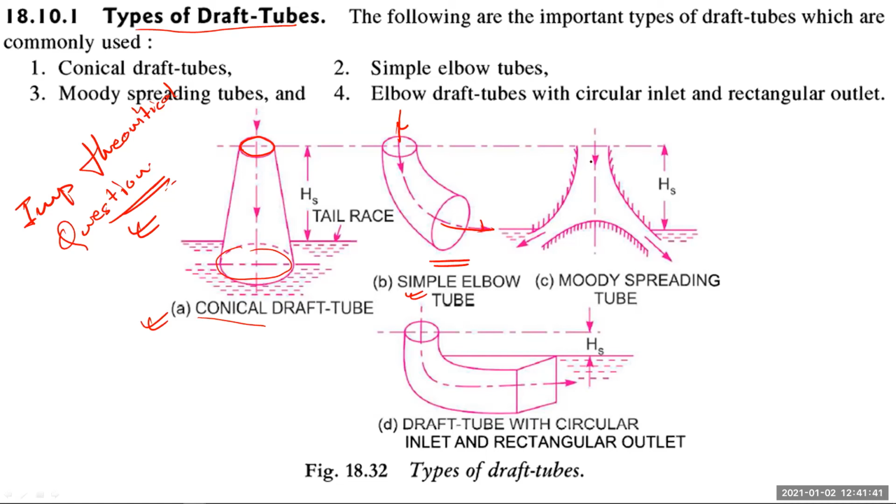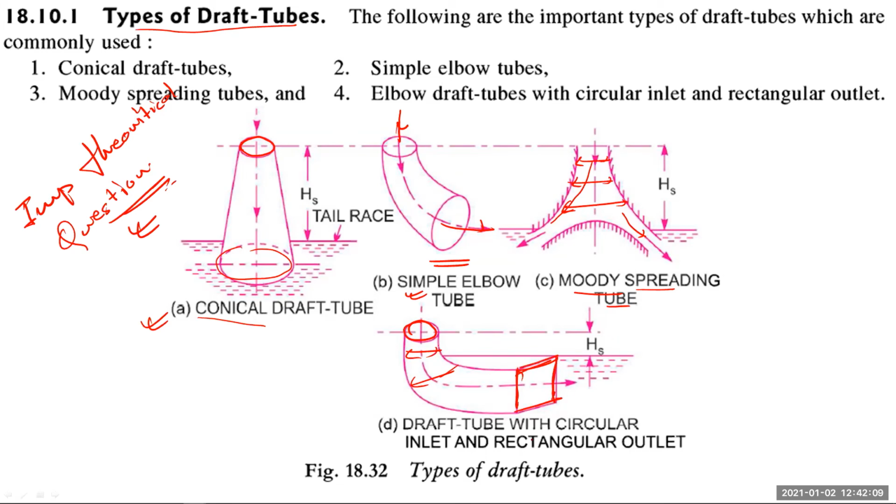Here it is branched in two directions with increasing cross section, you can see. This is called the Moody spreading tube. For the last one, you can see at the top you have a circular cross section, which gradually increases, and at the end the cross section is square or rectangular.